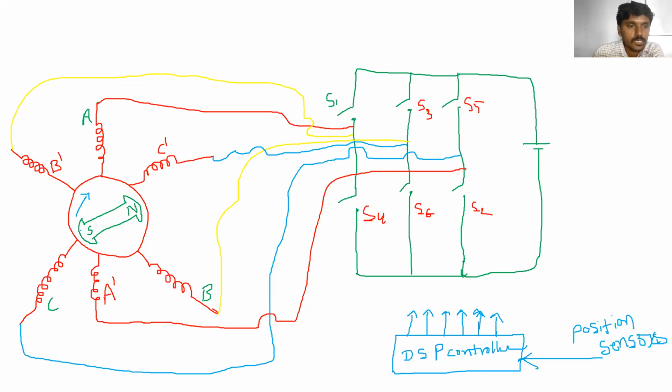The position of the rotor is at this position, and we are placing the Hall sensors, H1 and so on. These sensors will give the rotor position information to the DSP controller, and this DSP controller will generate the signal for the power electronic converter, which switch should be turned on.